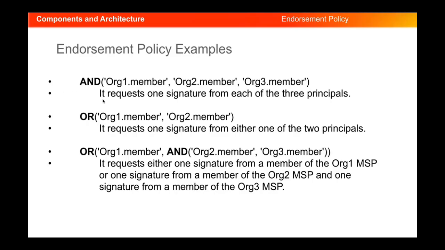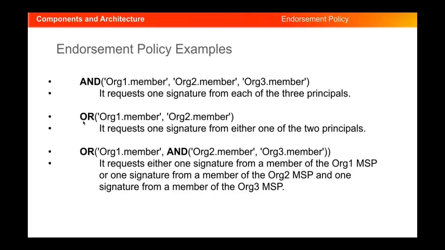This statement requests one signature from each of the three principals, which means all of the principals mentioned here, organization 1 member, organization 2 member, and organization 3 member, all of these signatures are required.